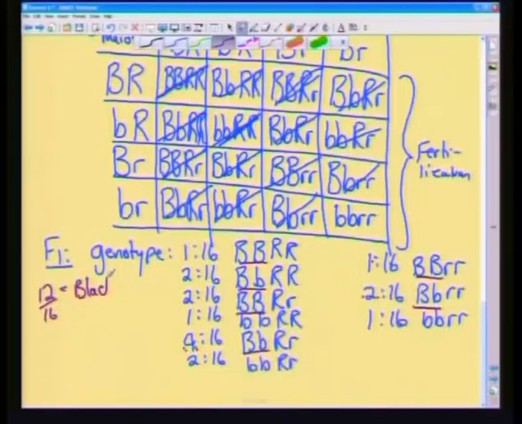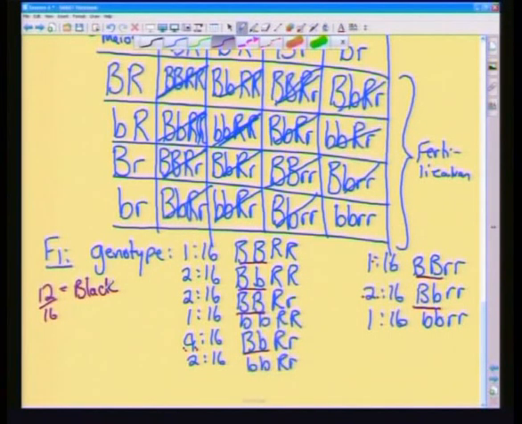So that's 1, 2, 3, 4, 5, 6, 7, 8, 9, 10, 11, 12. 12 of these offspring, 12 out of 16, are going to have black fur.